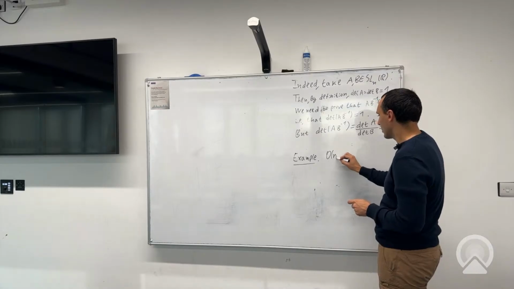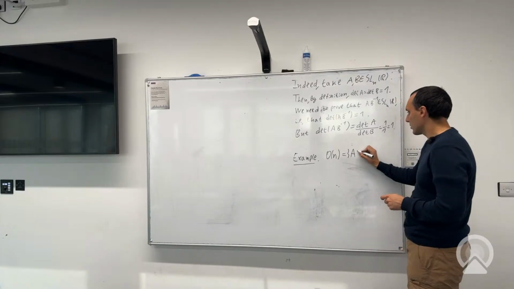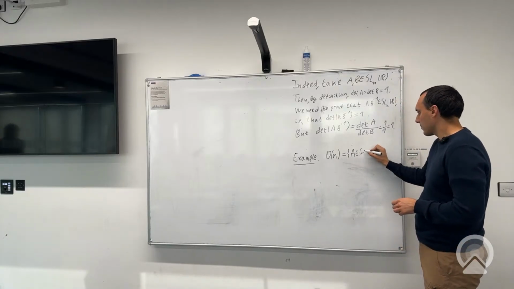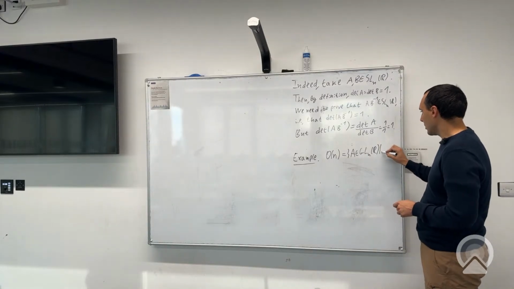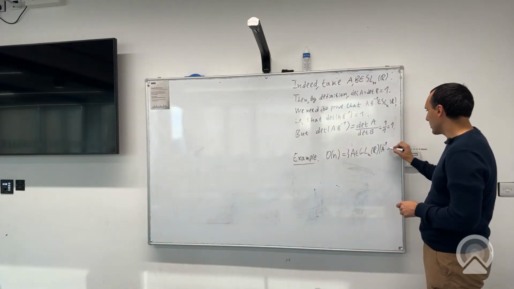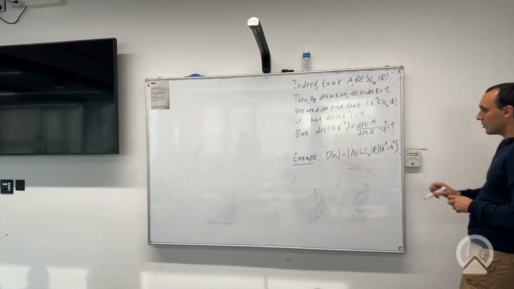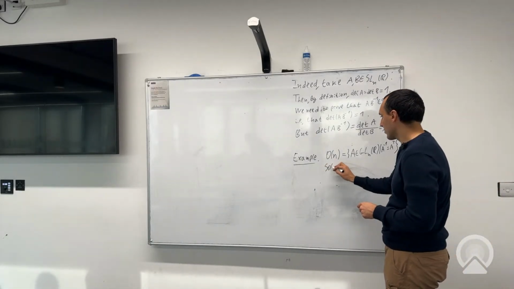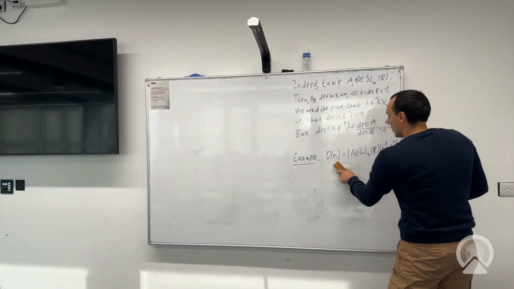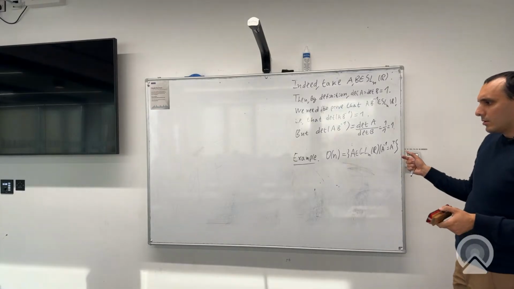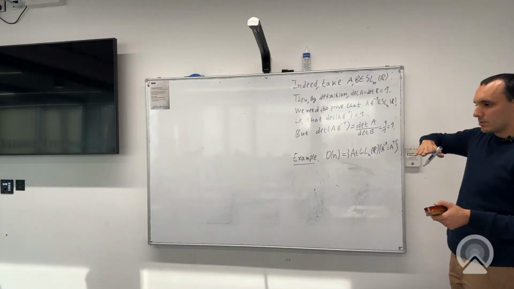O(n) is the group of all matrices such that its inverse is its transpose.